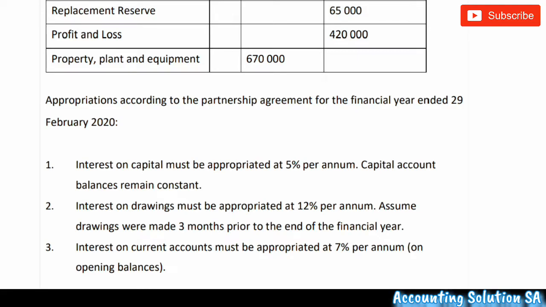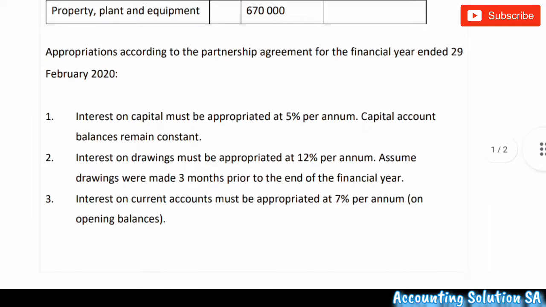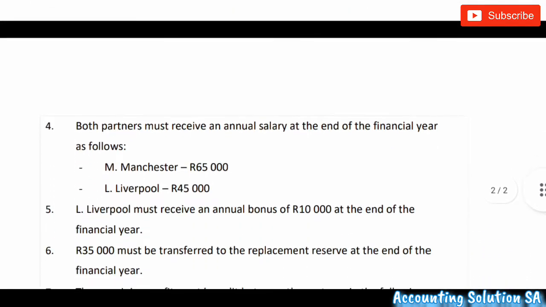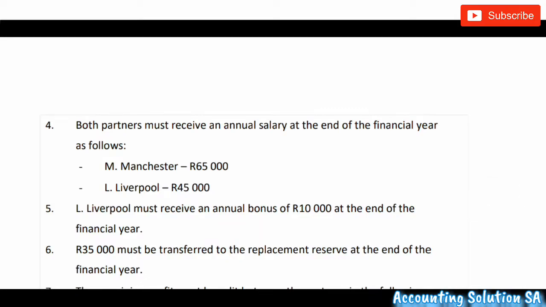Then number three, interest on current account must be appropriated at 7% per annum on opening balances, which means that we're going to calculate 7% per annum on the opening balances. Then number four, they say both partners must receive an annual salary. Manchester is going to earn 65,000 and Liverpool 45,000.